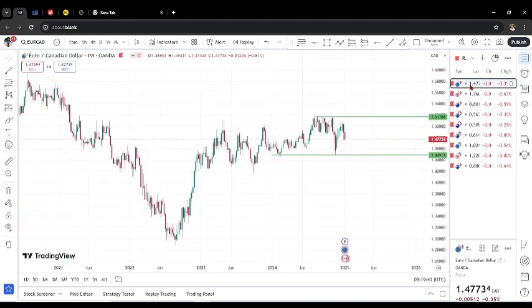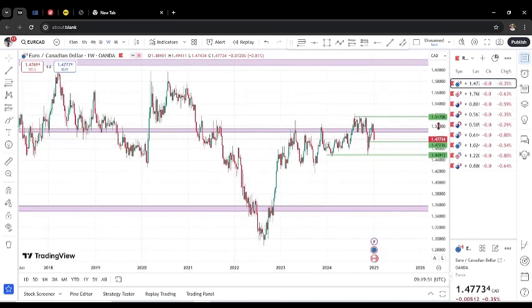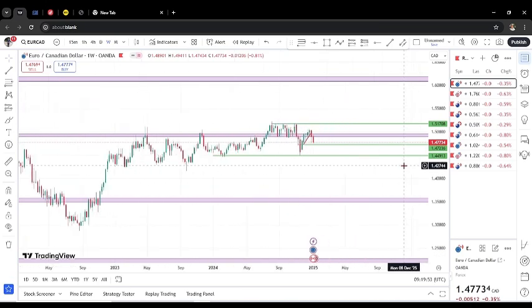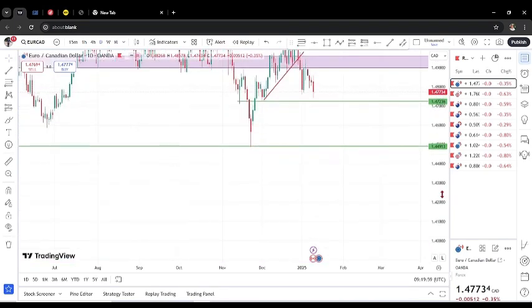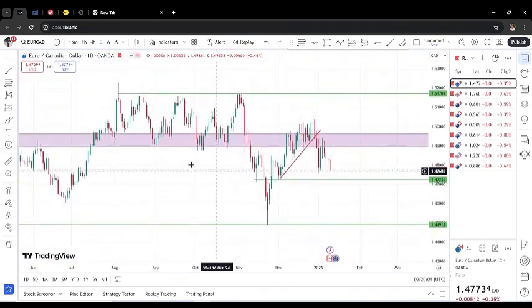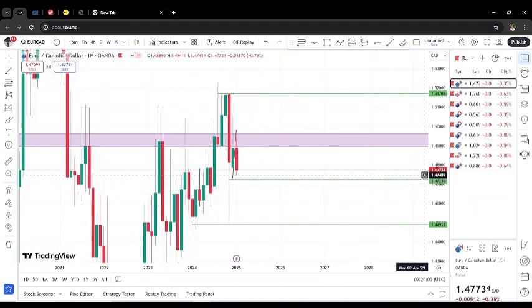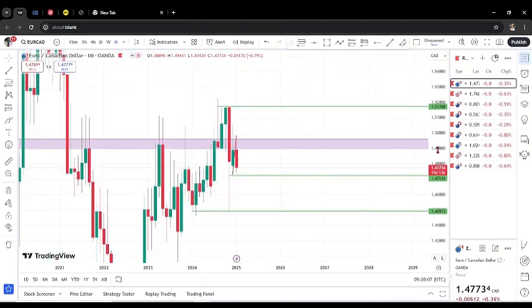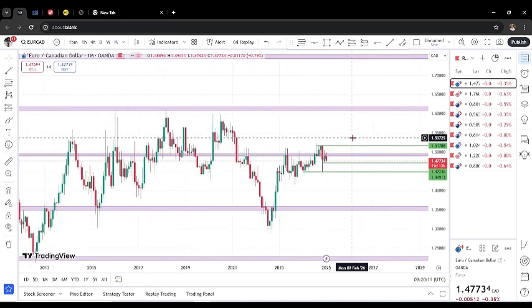First of all, let's go to Euro card. So this Euro card, I analyzed this pair last week, but I didn't get a chance to enter it. How I analyze this pair is that firstly I went to the higher time frame, that's the monthly, to check the flow of the river to know where the market is heading.